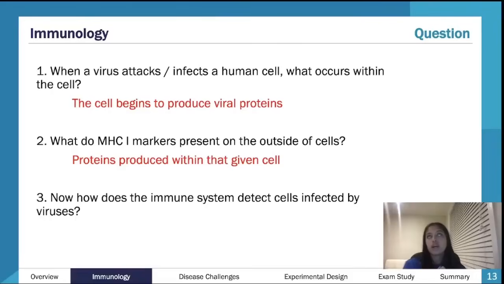So you've got, I don't know, a home invasion, right? The virus is a home invader. I guess they come in, they start invading, and your windows are still open, and the police, your immune cells, come around, and they can see through the window that there is someone invading your home, and then they sort it out from there. So that's the idea of how immune cells detect when cells are infected by viruses, via their MHC1 markers.